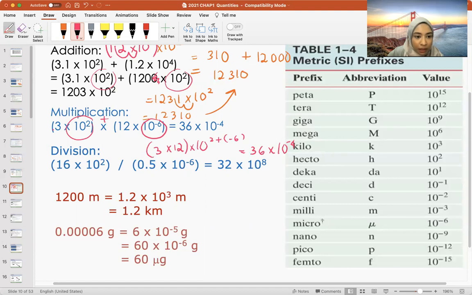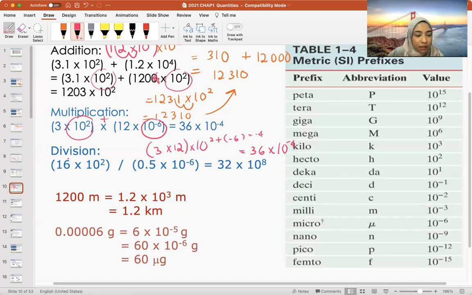The 3 times 12 you have to multiply, but when you have 10 to the power of 2 times 10 to the minus 6, you add them together. 2 plus minus 6 gives me minus 4. So 3 times 12 is 36 times 10 to the minus 4. Multiplication is quite easy.